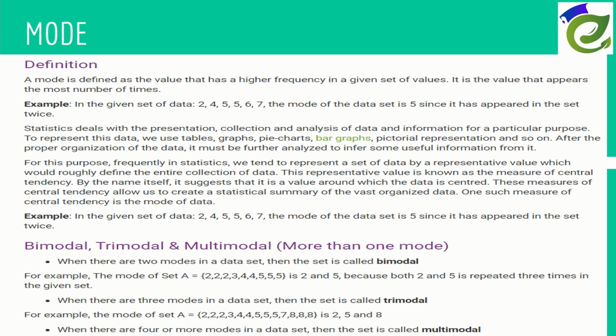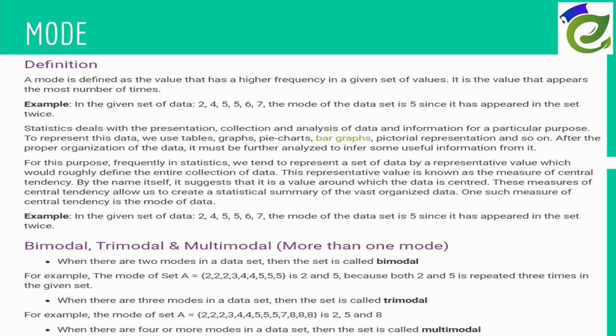For example, in a given data set 2, 4, 5, 5, 6, 7, which value is occurring more? 5 is repeated twice and the remaining values occur once. So we look at the frequency of a particular observation in the mode. The observation that has the most frequency, that has occurred the most times, is called the mode.